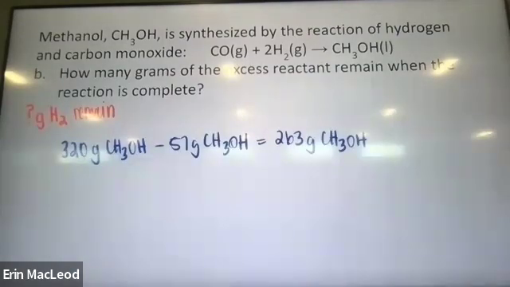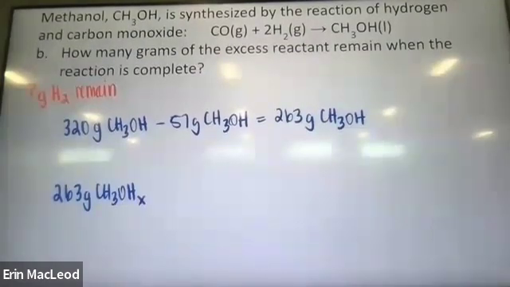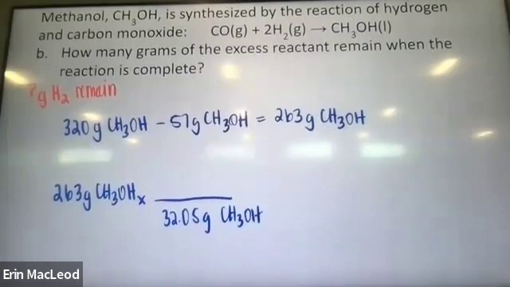Well, we spent our entire unit taking one substance and turning it into another. So guess what we're going to do here? Do another conversion and turn it back into the hydrogen. So we'll take how much more we could have made and turn it back into hydrogen. Please don't add up masses. You already have them all. Everything's already there for you. You just have to show your work.